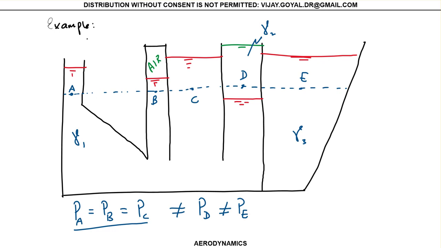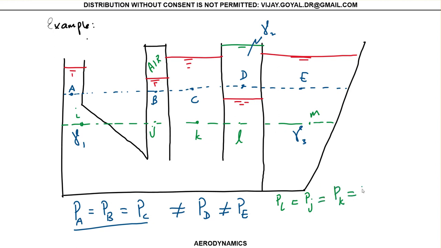What happens if I want to find everything, let's say at another point down here? Let's call them points I, J, K, L, and M. In that case, I can say the pressure at J will equal the pressure at K, will equal the pressure at L, but it's not equal to the pressure at M. Why?